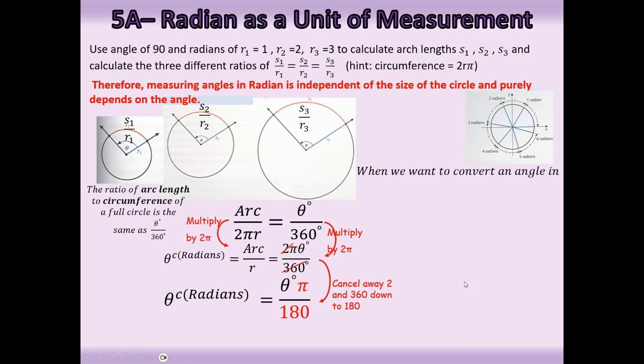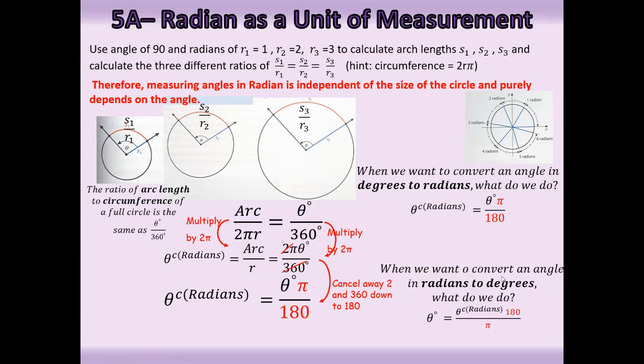So my question to you is, what do we do to convert an angle measured in degrees to radians? We take that angle in degrees, multiply by pi and divide by 180. That will turn it into radians. And sometimes you might be asked to convert an angle in radians back to degrees.